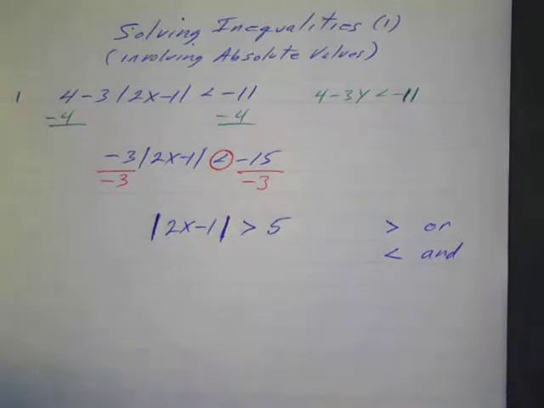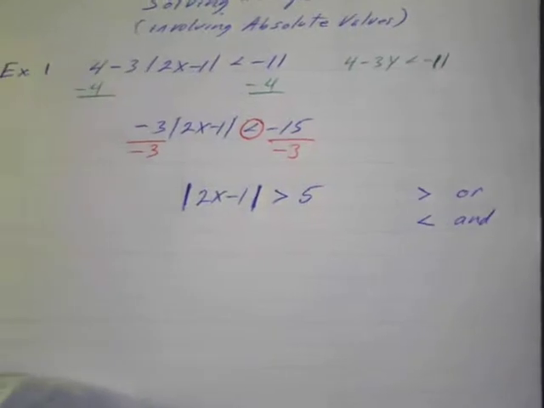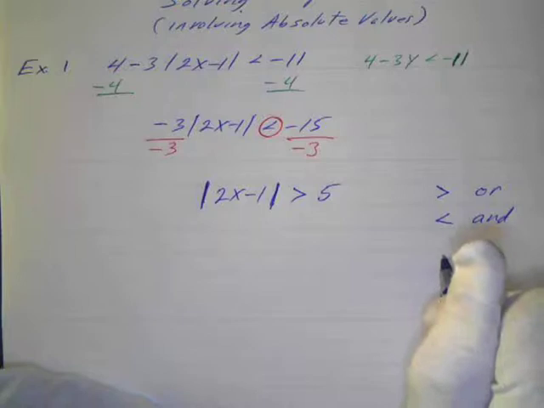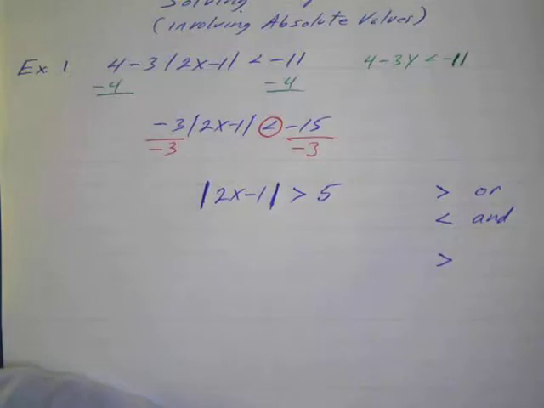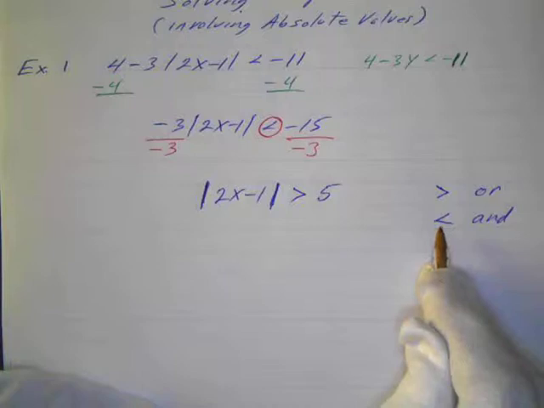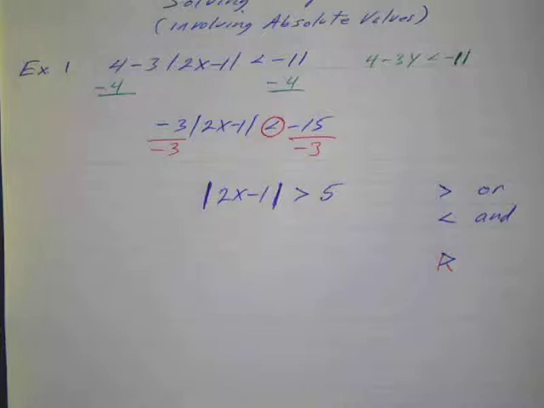An easy way I have of remembering it, and this seems a little non-mathematical, but it works, is that I can make the greater than sign into an R real easy. So this is going to be an OR. The less than doesn't look like I can make it into an R real easy, so the other one's going to be an AND. That's the way I do it, and it works for a lot of people, so try that.